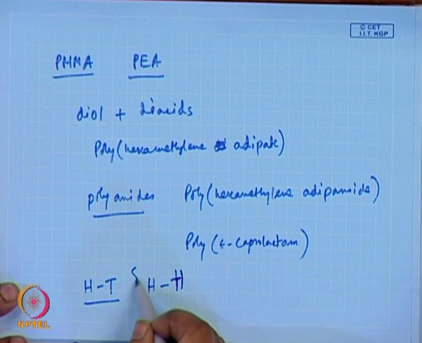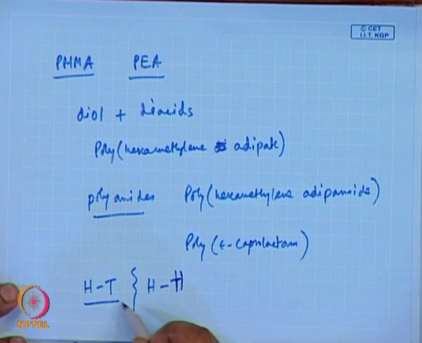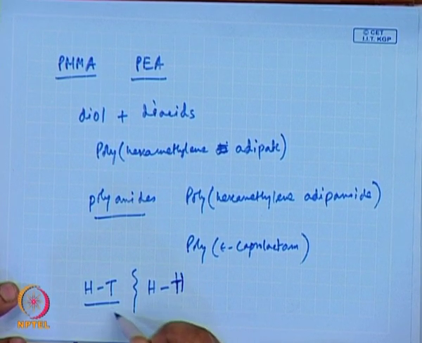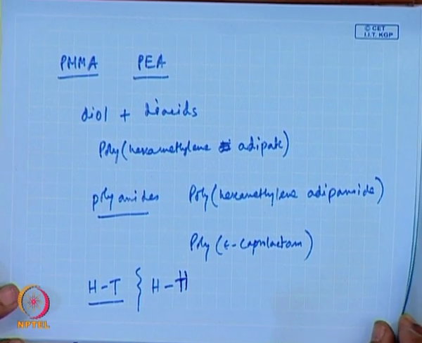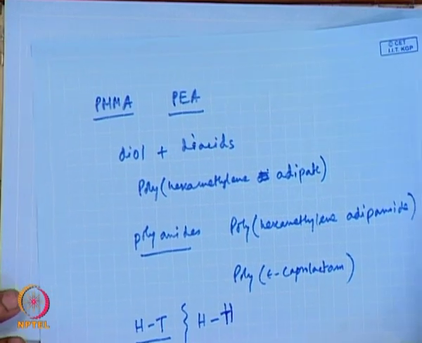Now, if you could form polymers having head-to-tail and head-to-head structures, then those would also give the same molecular formula, but we know that we always get head-to-tail polymers in chain polymerization.